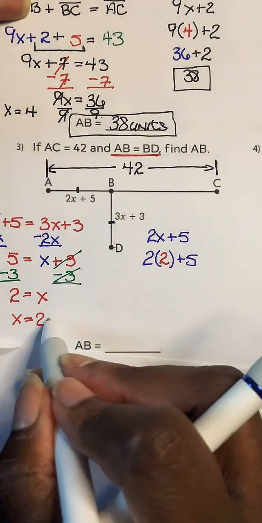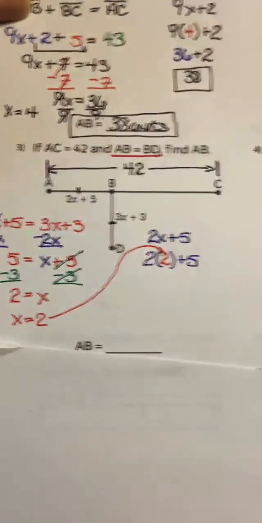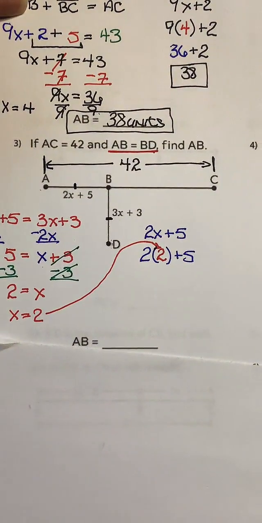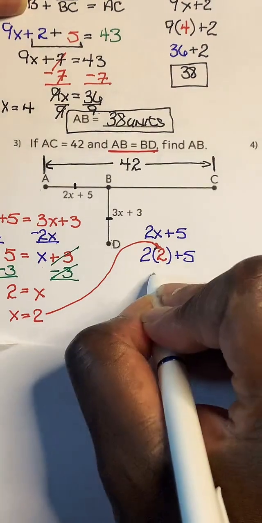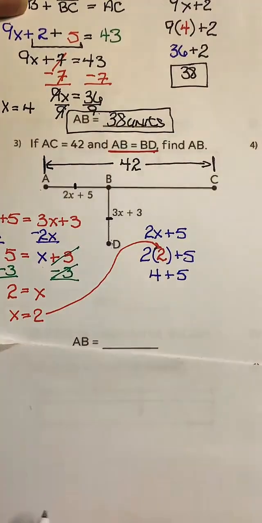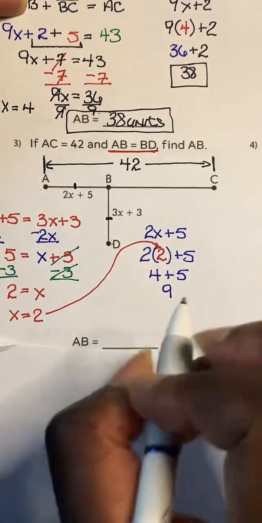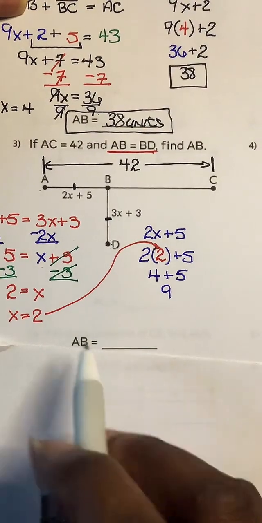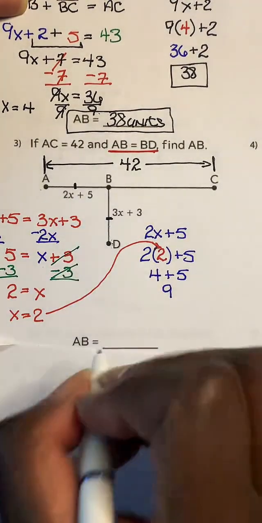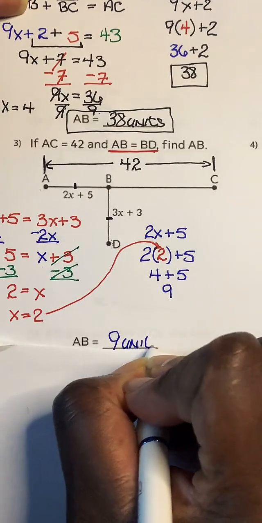The 2 came from our answer of 2. So now, 2 times 2 gives me 4. Then 4 plus 5 gives me 9. So the length of AB is going to be 9 units.